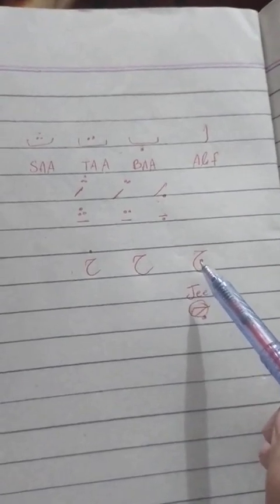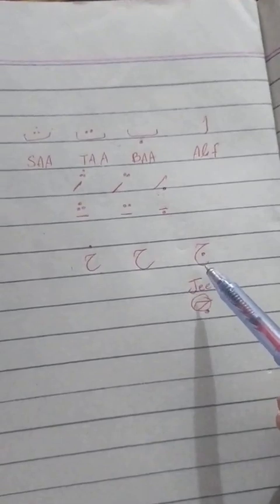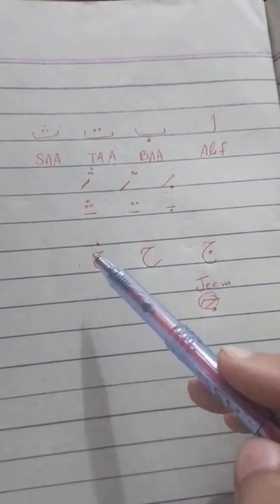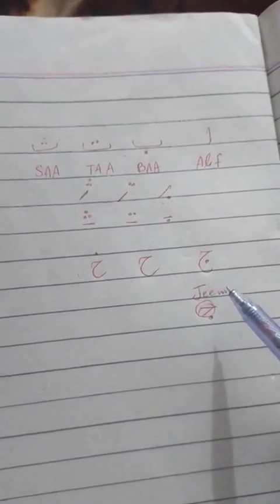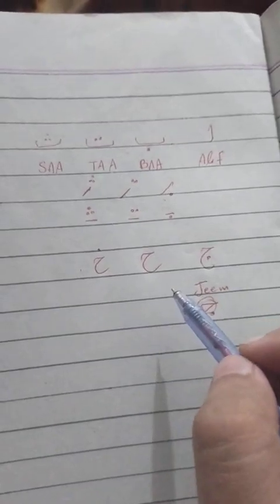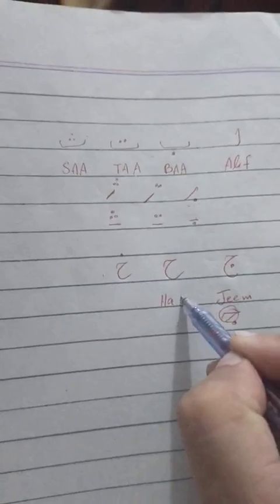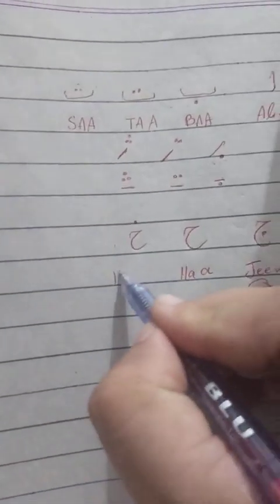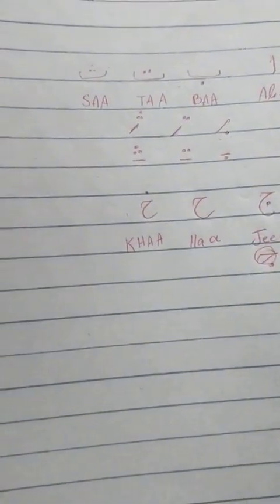So the next part of the lesson of the alphabet is Jeem, Ha and Kha. The spelling of Jeem is Jeem, and the spelling of the Ha is H-A-A, and the spelling of the Kha is K-H-A.